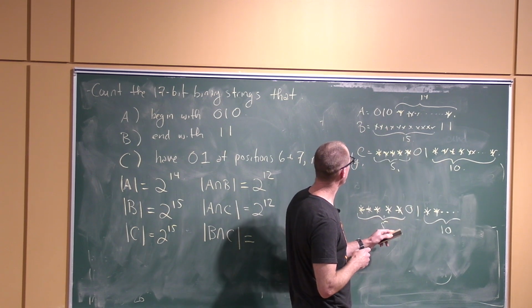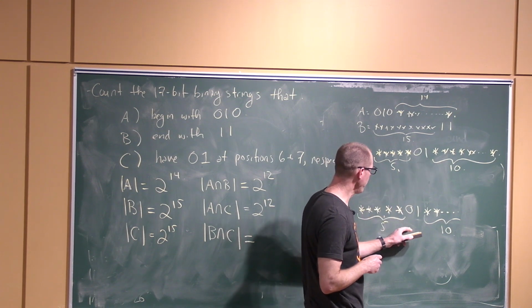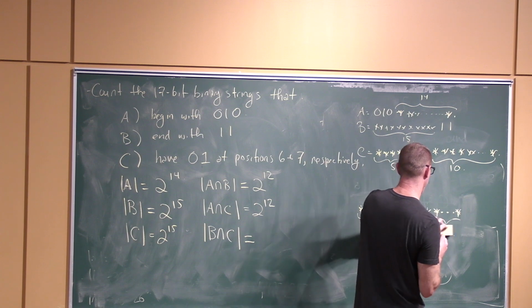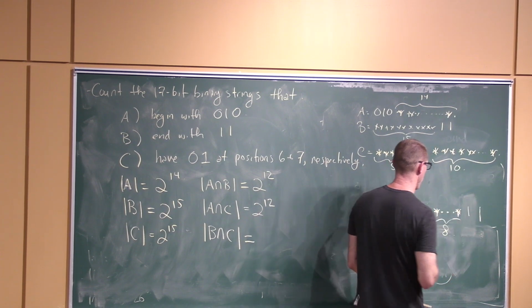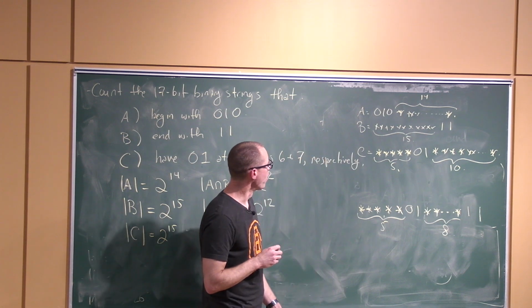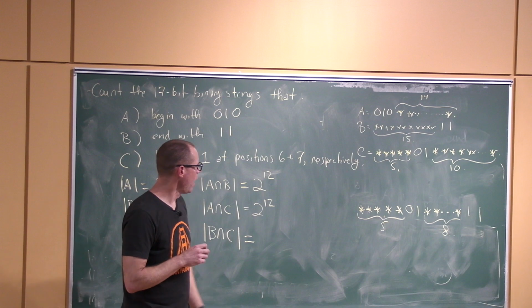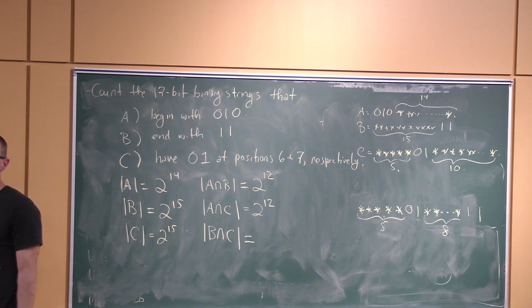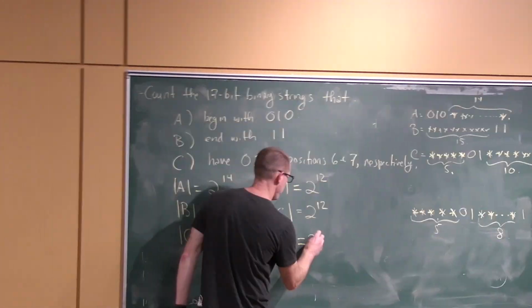Then, because they're in C, it's a 0 and a 1. And so then I have 8 free choices. And then no more choices anymore because they have to finish with 1, 1, because they're supposed to be in B. So how many of those? 2 to the 13. 5 plus 8 is 13. So that's 2 to the 13.